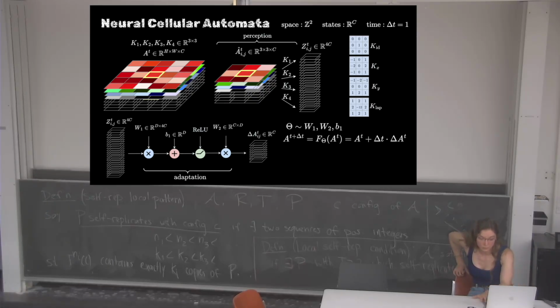This will determine, let's say, the step at which we should go. So if we actually want to update our array with some time step delta t, we do this residual update where we take the original array and we add a little step in the direction of delta t, which is this vector we have obtained.